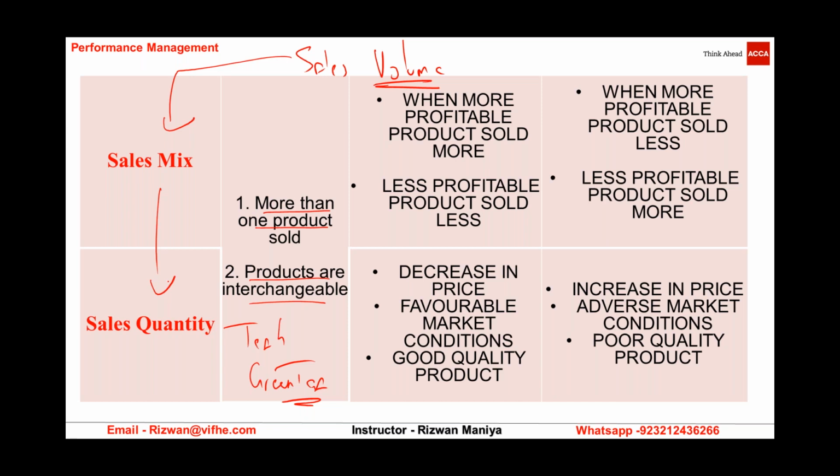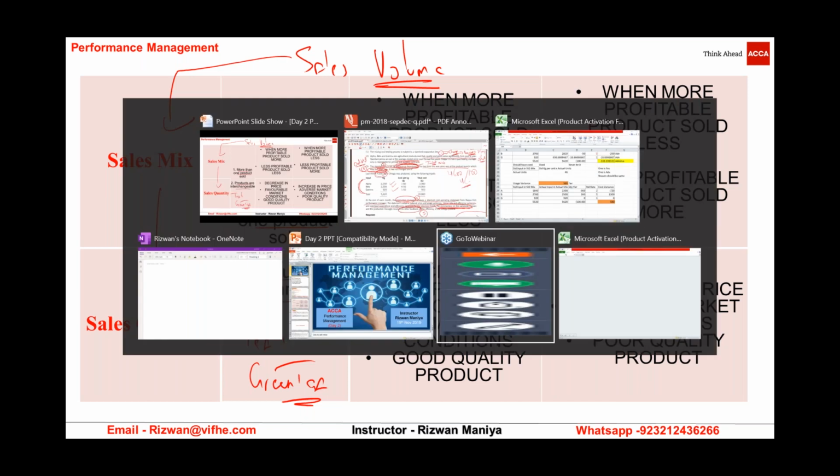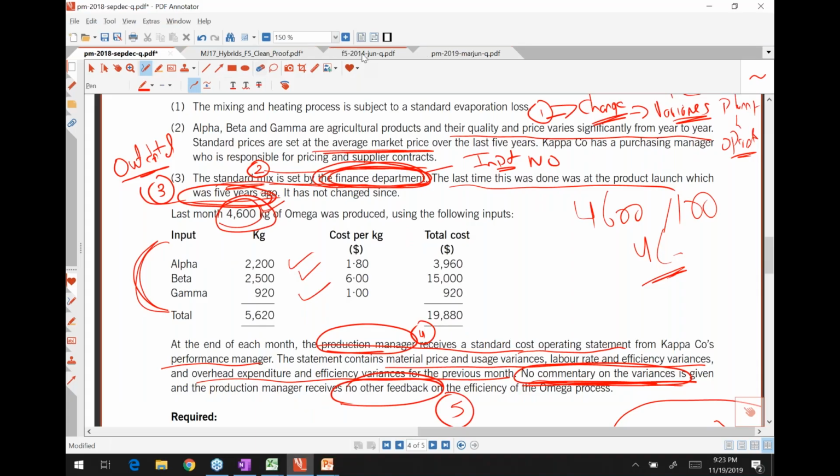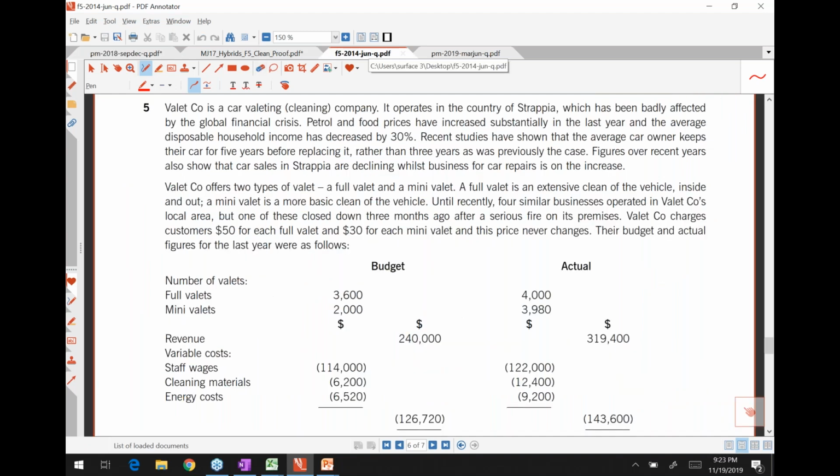I will give you another example of interchangeable later. Let's move towards the question first. Now, friends, we are moving towards a very good question, that of Valid company. We'll read the scenario later on.